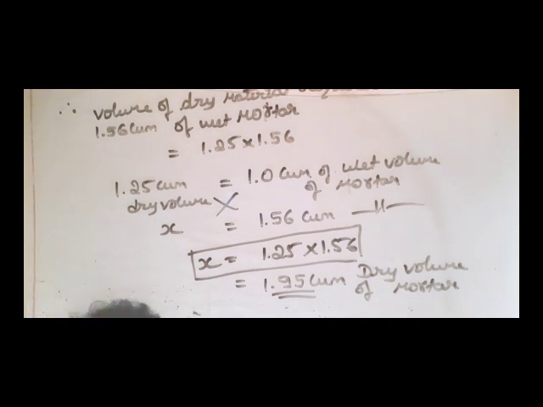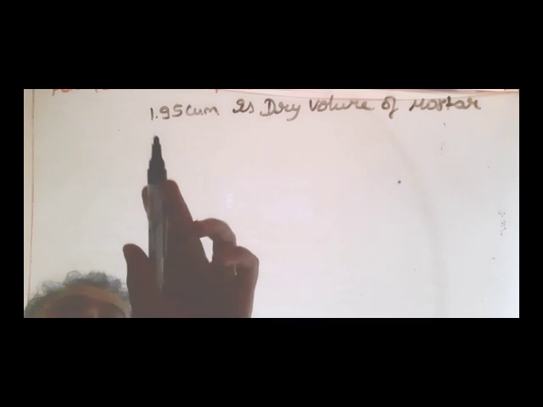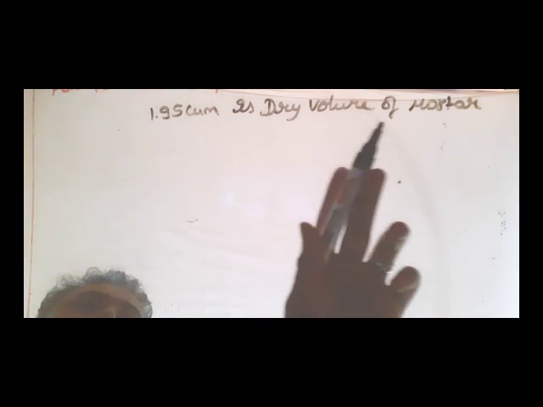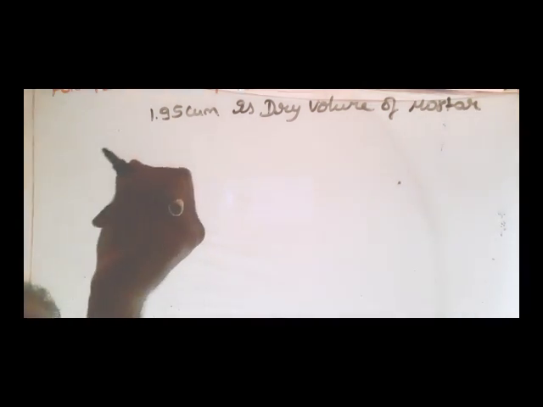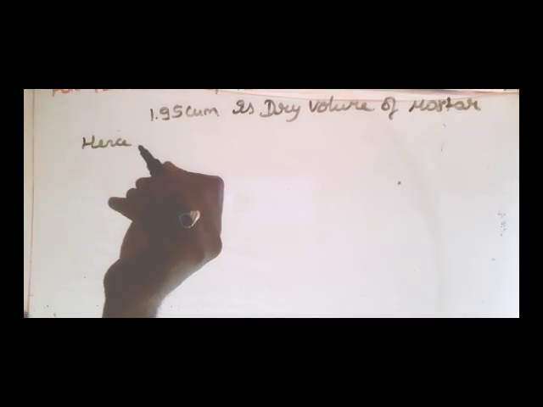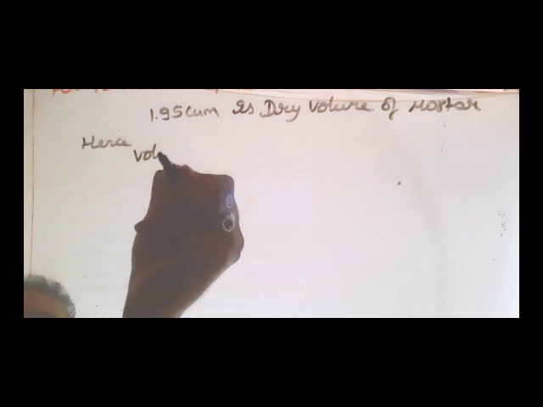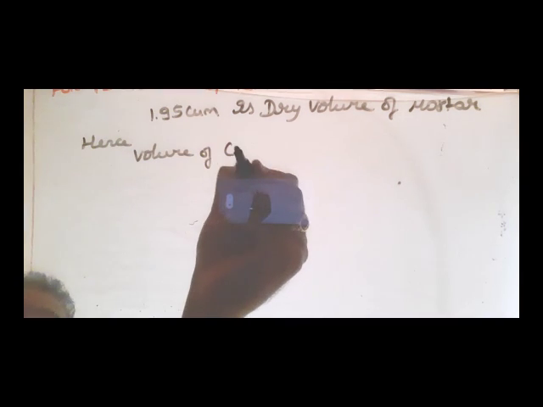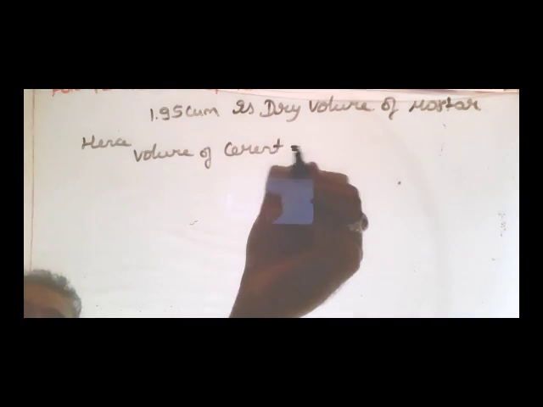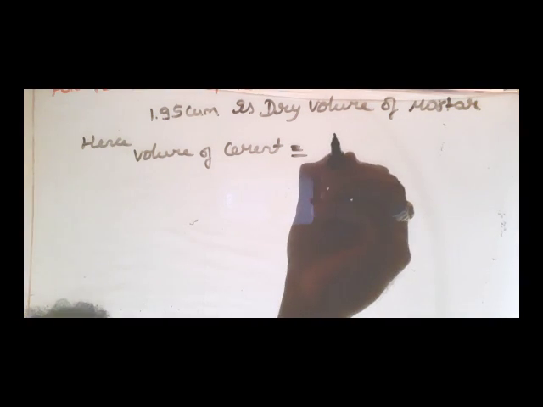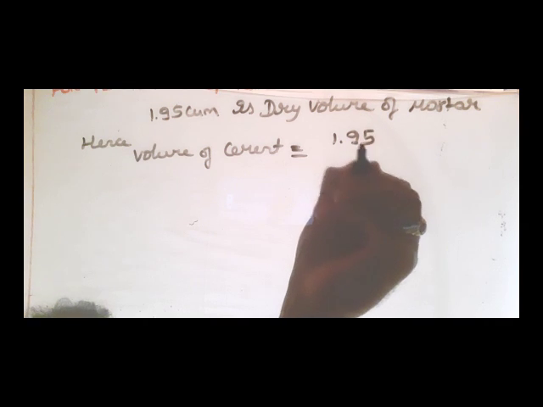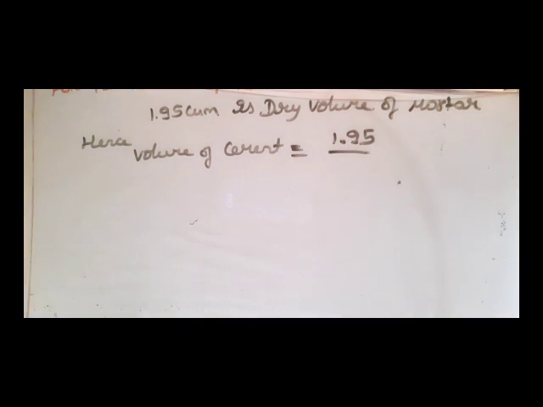Now we will use this dry volume of mortar value to find out the volume of cement. So 1.95 cubic meter is the dry volume of mortar. Using that, we will find the volume of cement. Hence, volume of cement is equal to the dry volume, 1.95, divided by our ratio.